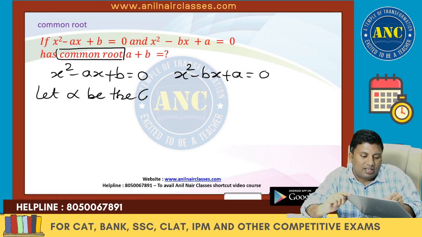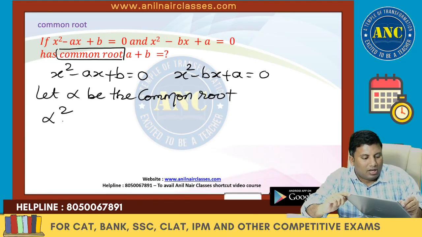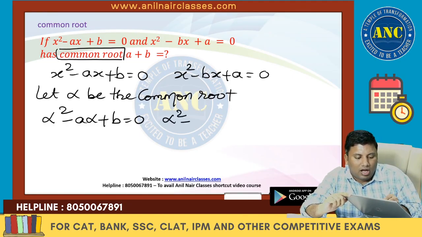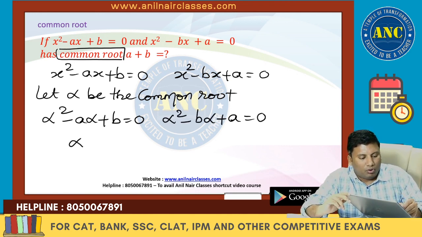If alpha is the common root, the equations will become alpha square minus a alpha plus b equivalent to 0 and alpha square minus b alpha plus a equivalent to 0. So both of them are equated with 0.